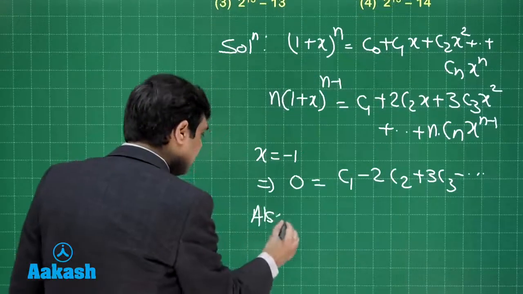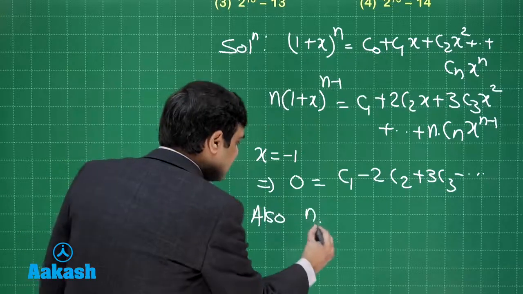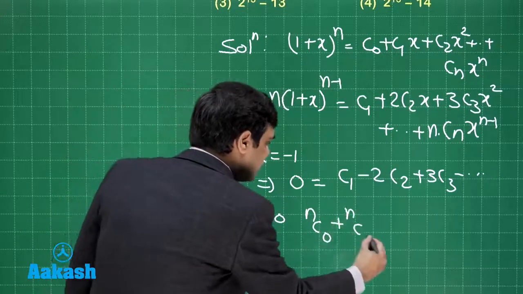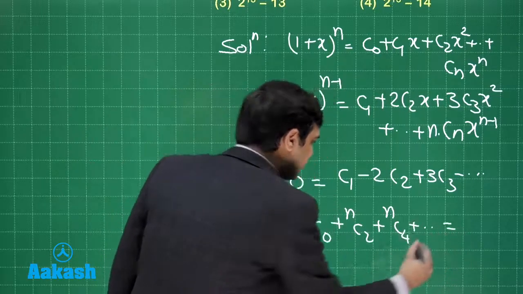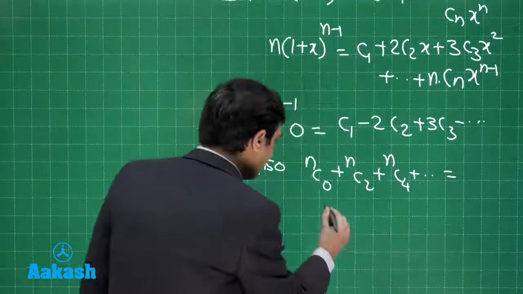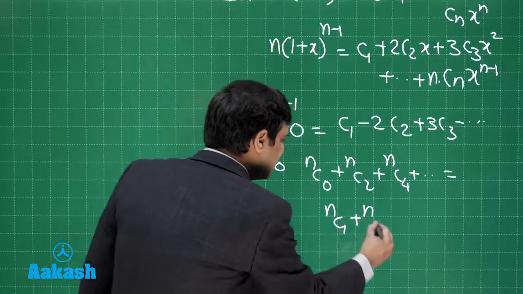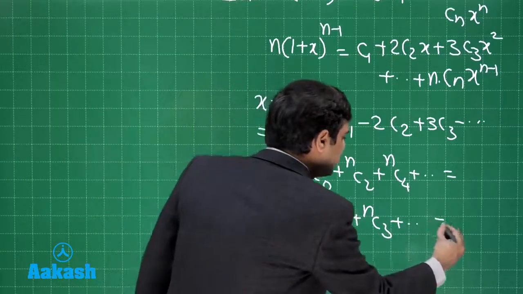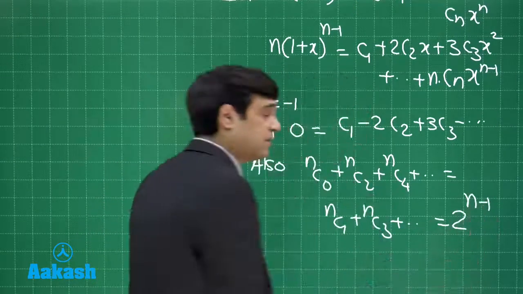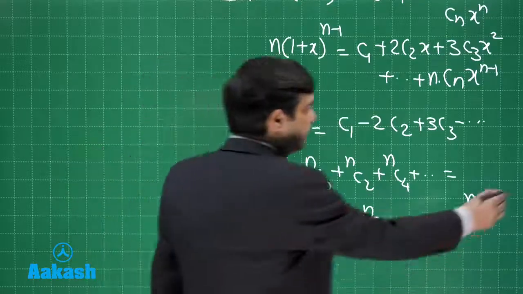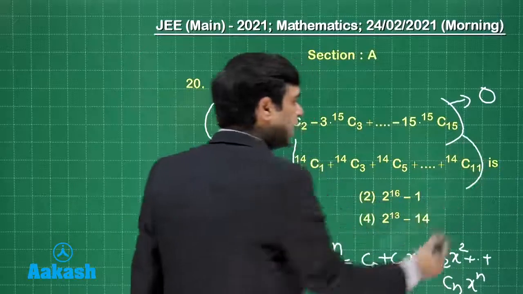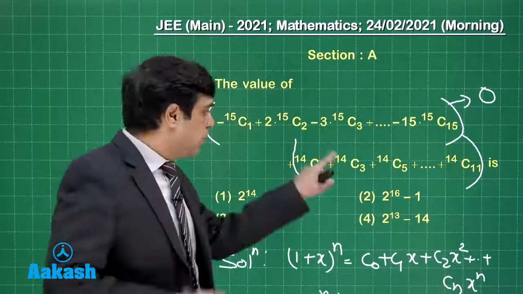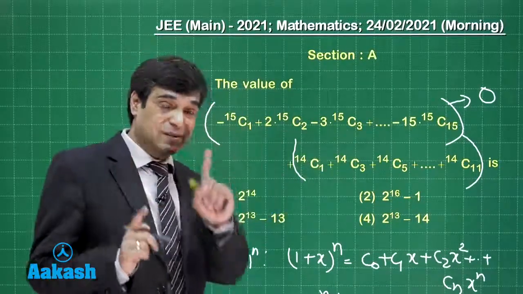Also, we know that nc0 plus nc2 plus nc4 and so on is equal to nc1 plus nc3 and so on is equal to 2 raised to the power n minus 1. So, if you look at this term, this is actually 2 raised to the power 14 minus 1 term.